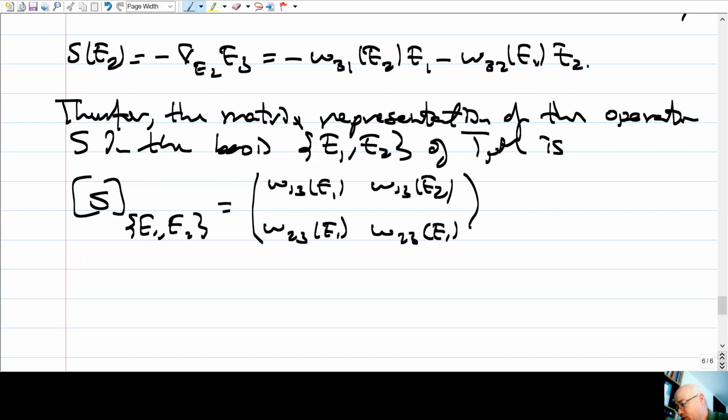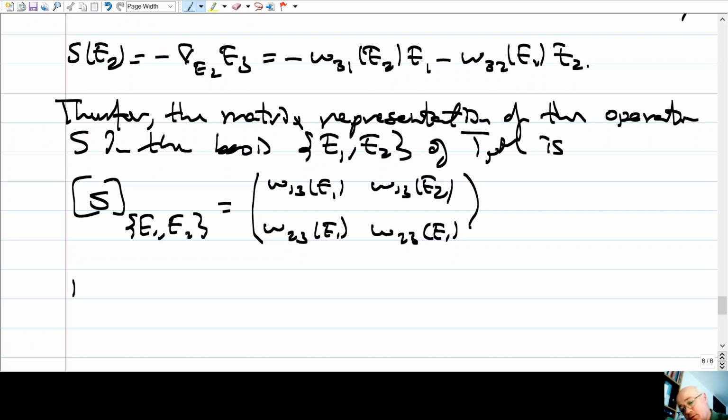What is the determinant of this? Well, the determinant is just the Gaussian curvature. By the previous lemma, two forms are equal to each other if they agree on a set of basis elements.